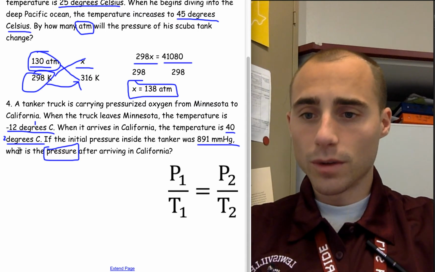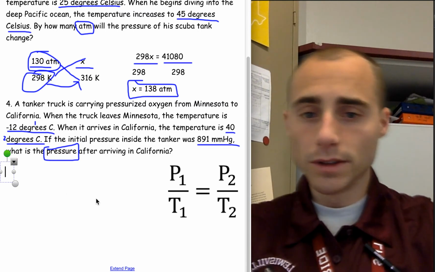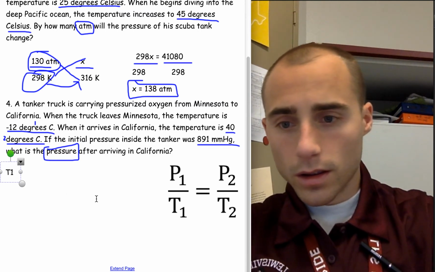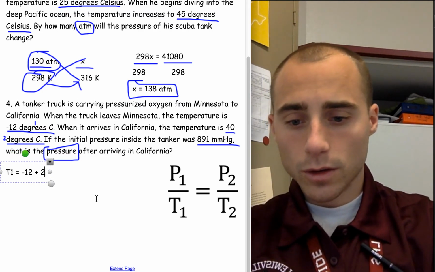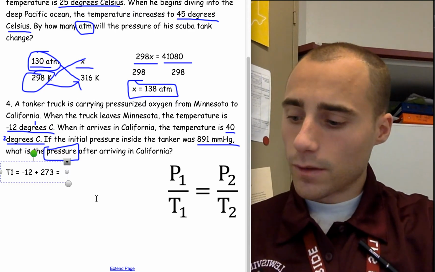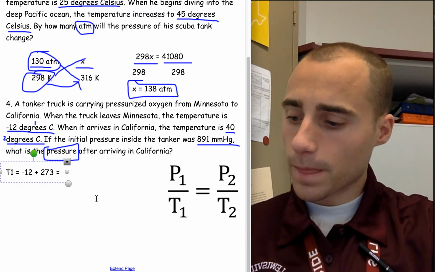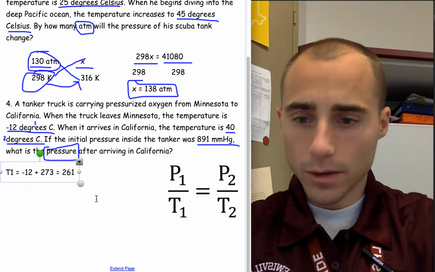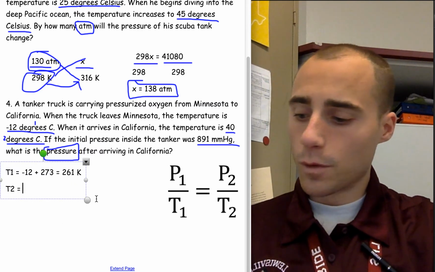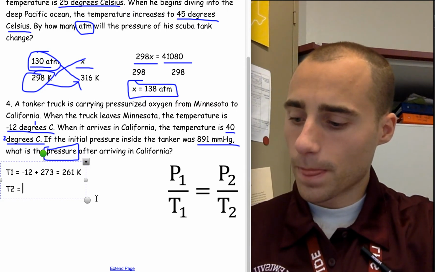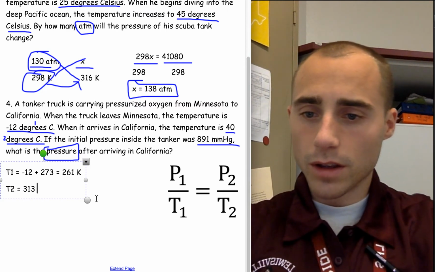Let's do our conversions that we need to do. We got to convert two things into Kelvin. So our T1 is negative 12 plus 273. So in Kelvin, that's 261 Kelvin. Our T2 equals 40 plus 273, so it's going to be 313 Kelvin.